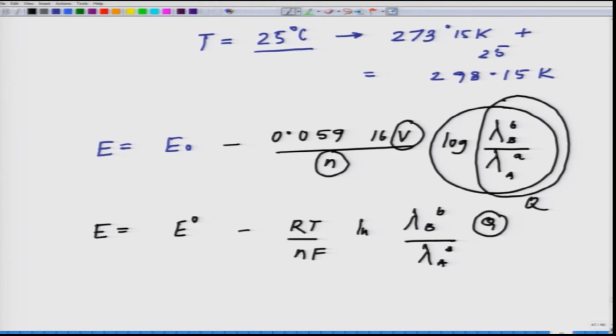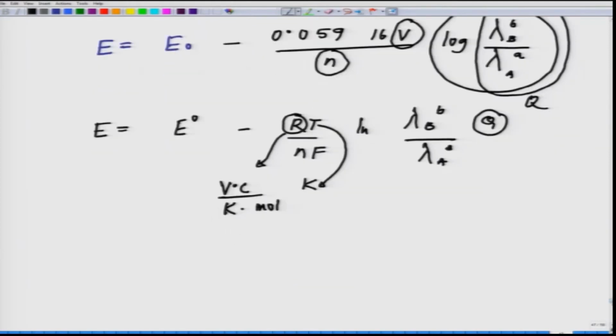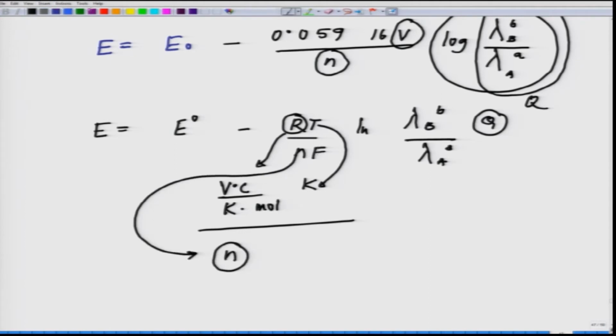Now, you can express the unit of R as V C per mole K, then you have the K, which is coming from temperature, and underneath you have n, which has no unit, it is just a number, and then you have Faraday's constant, whose unit is coulombs per mole, C upon mole.